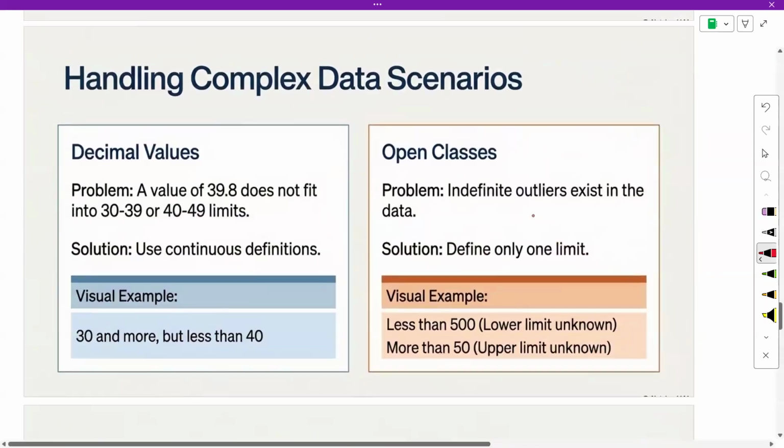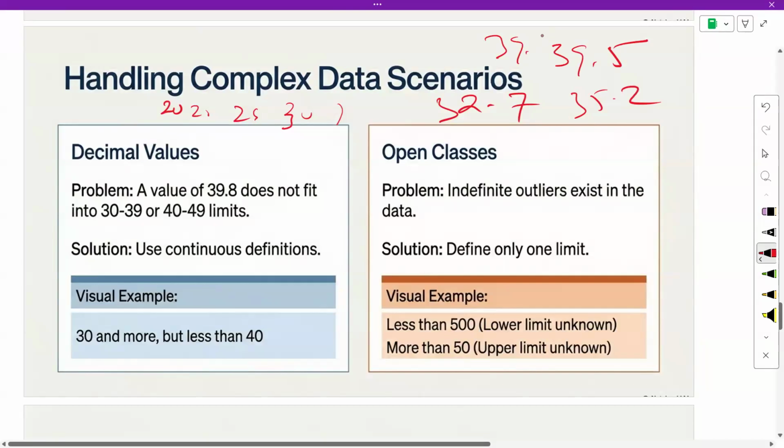And handling complex data scenarios. As I explained earlier, all those data points and absolute numbers are integers, meaning full numbers: 20, 21, 26, 30, 37, like that. When we get values like 32.7 or 35.2 or 39.5 or 39.8, there is a problem.